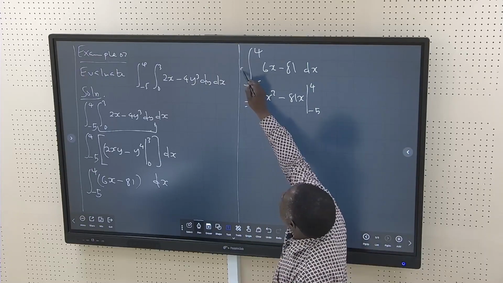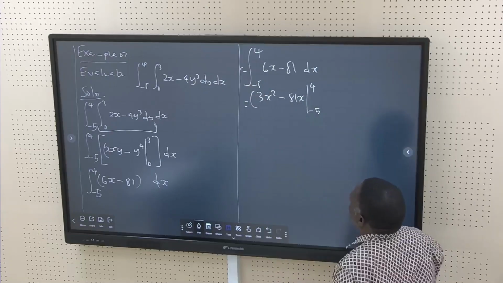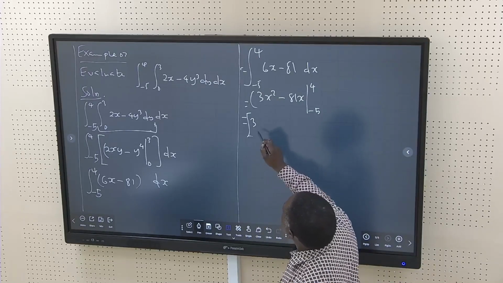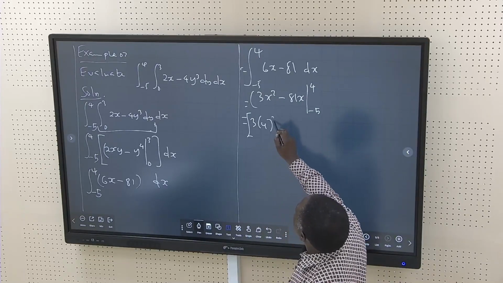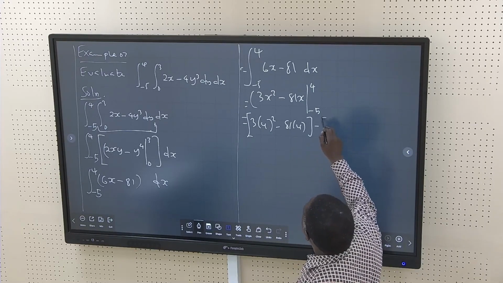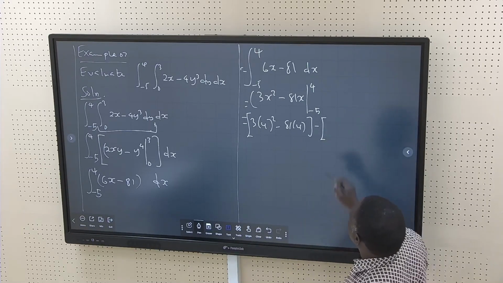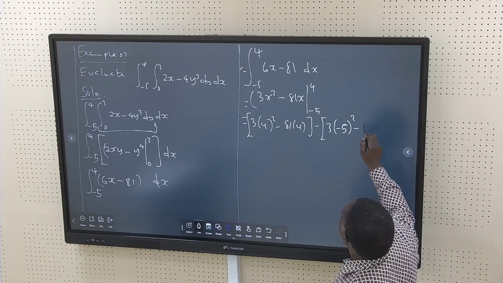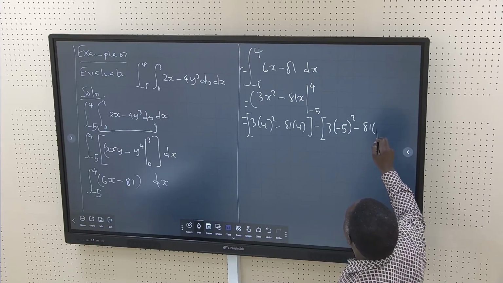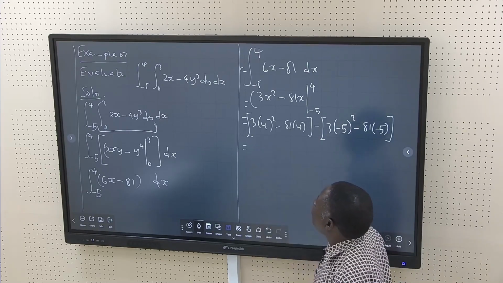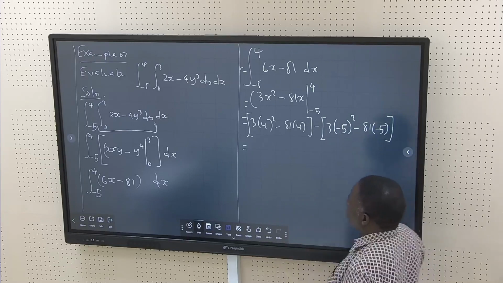Now we substitute 4 where there is x. So this is 3(4²) minus 81 times 4, the whole of it, minus, we substitute negative 5: 3(-5)² minus 81 times negative 5, the whole of it. So that is 48.